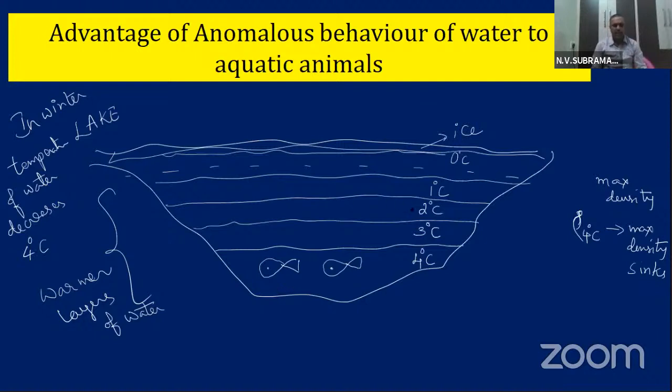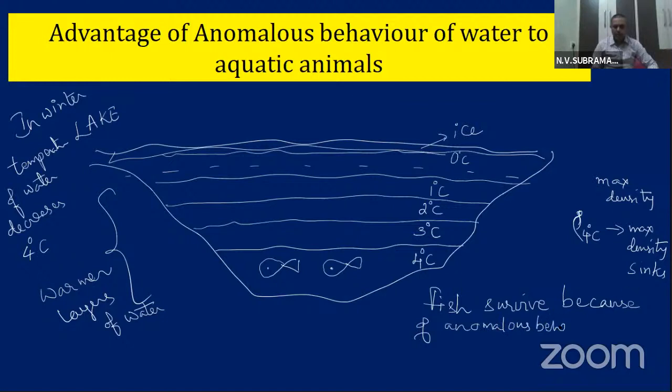And they are surviving because of the anomalous behavior of the water. Fish survive the extreme winter because of anomalous behavior. Okay, so nature has provided an excellent mechanism for living beings to survive.